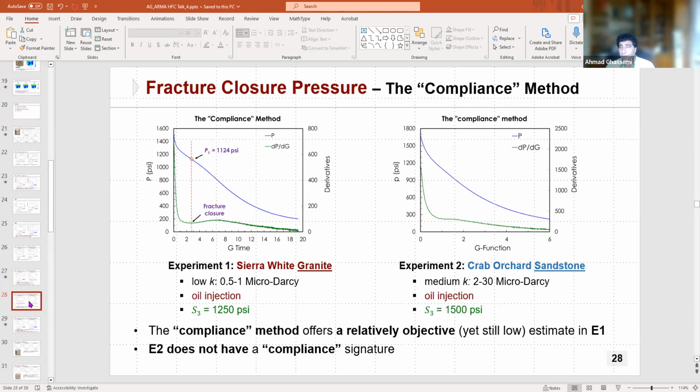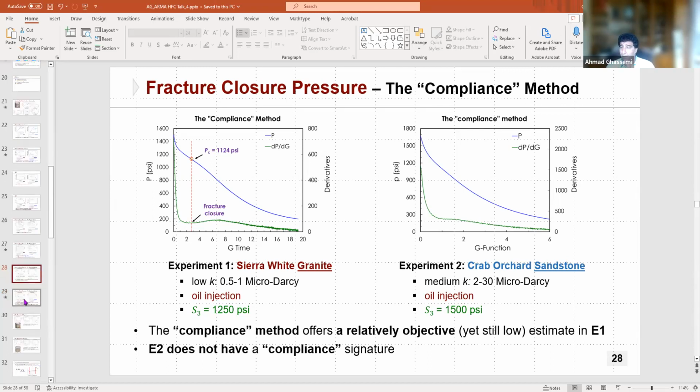Now, going to the compliance method, in this case, we are looking at the Sierra White granite with oil injection. We see a clear signature, as has been suggested by McClure and colleagues, taking the minimum, and that is about 1124. For the Crab Orchard sandstone, we cannot detect a minimum, so it's very difficult to apply the compliance method to that.